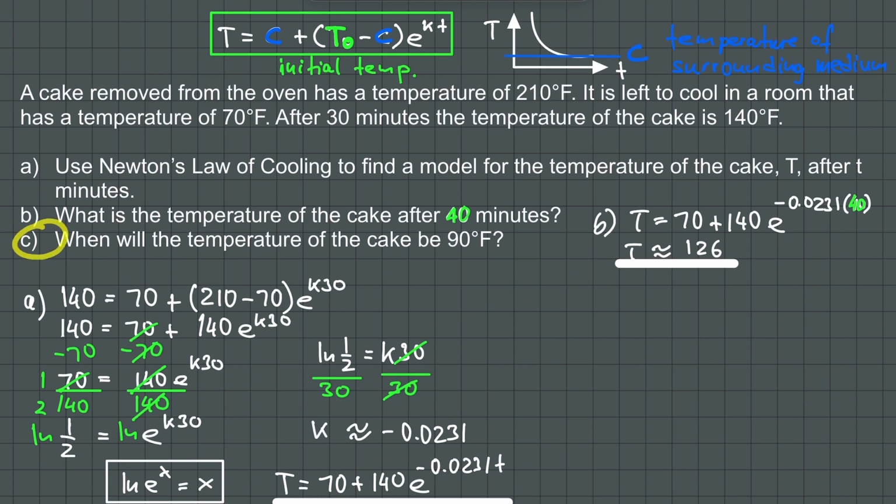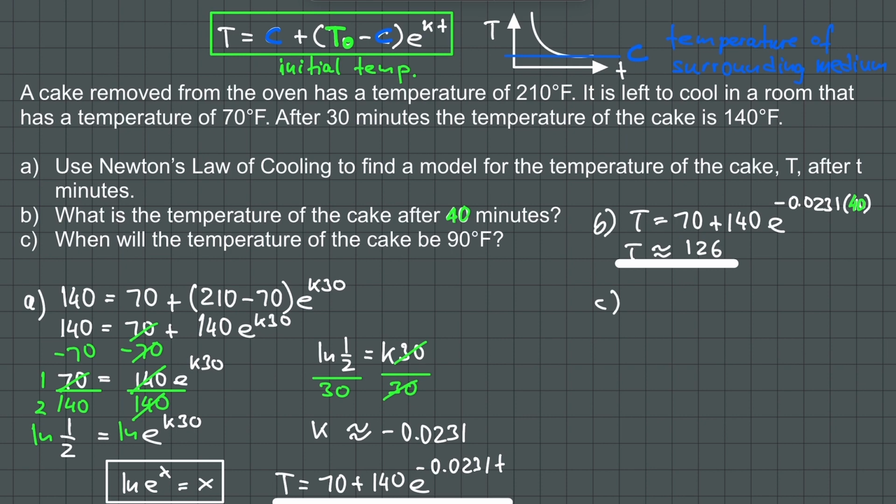Let's look at C. When will the temperature of the cake be 90 degrees Fahrenheit? To find when the temperature of the cake will be 90 degrees Fahrenheit, we substitute 90 for T into the cooling model and solve for t.